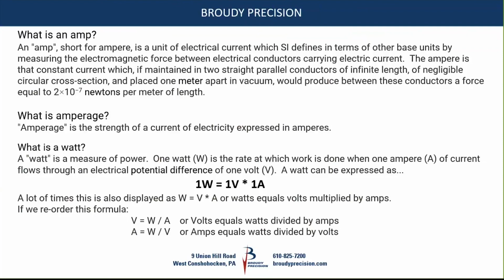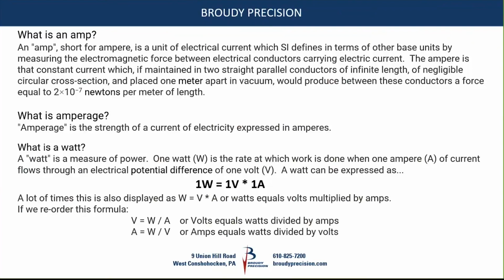1 watt is the rate of work done when 1 ampere of current flows through an electrical potential difference of 1 volt, and can be expressed as 1 watt equals 1 volt times 1 amp. Very simple. So watts is equal to volts times amps, okay?